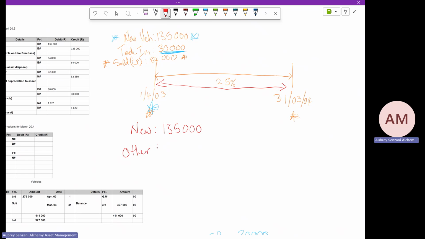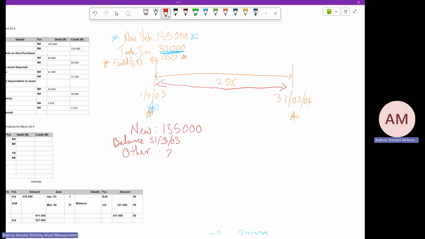If you look there in your textbooks, it says the vehicles were valued at 276,000. This was the balance on the 31st of March 03.